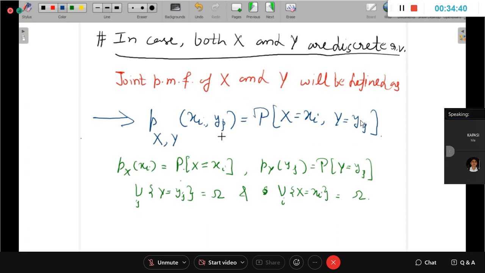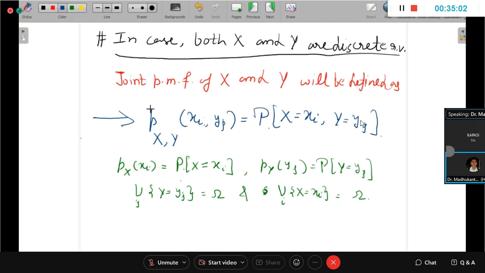Jointly you have a PMF as p of x comma y, xi comma yj. This is the notation. It is assigned the probability of x equals xi and y equals yj, both happening together. That will be the joint probability.